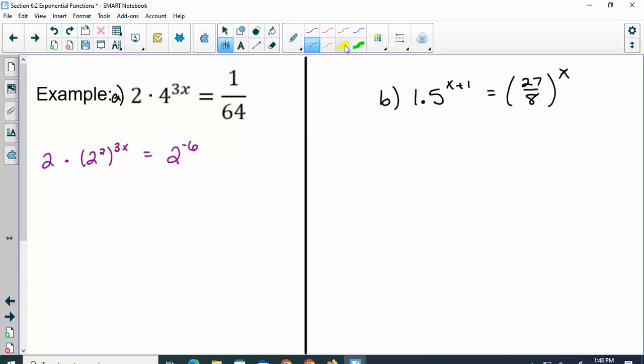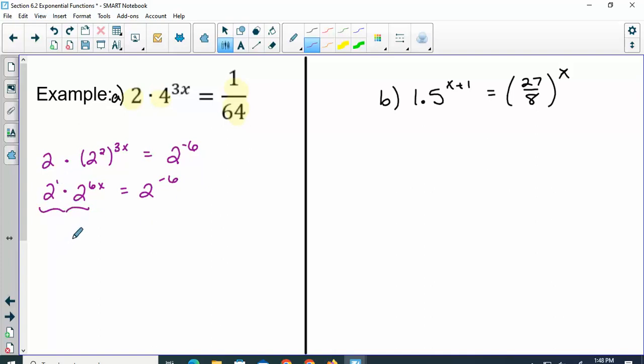So our goal, we had 3 bases here. We were trying to get them all to be the same. Did anybody start out dividing by the 2? Okay. So we can work from here. Power to a power we multiply, so that would give us 2 to the 6x. If these are multiplied, what do we do with the exponents?